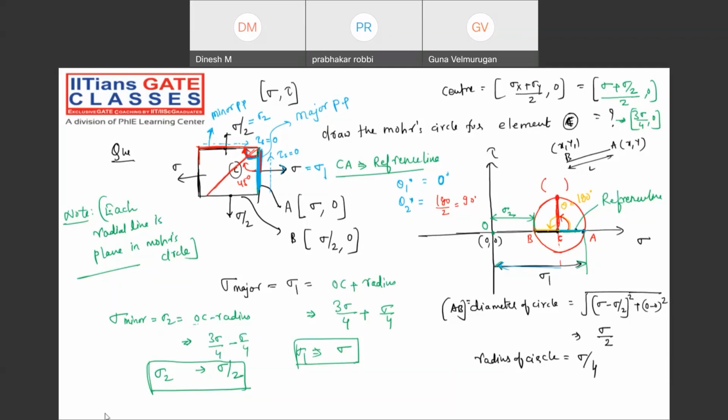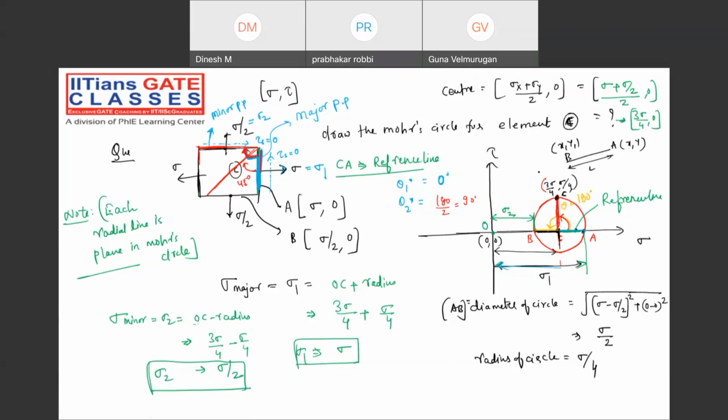What will be the coordinate of this point? What is the coordinate of C dash point? Tell me, guys. What is the C value from here to here? 3 sigma by 4. And what is the other value at the top? What is the radius of the circle?